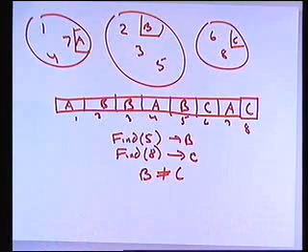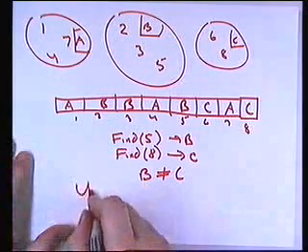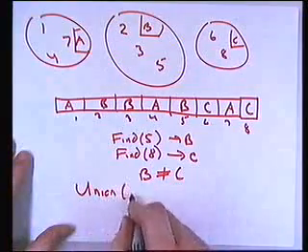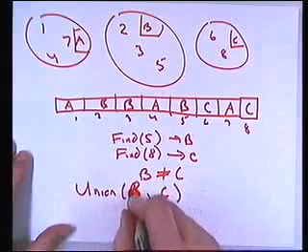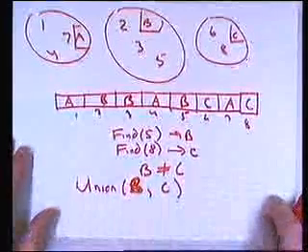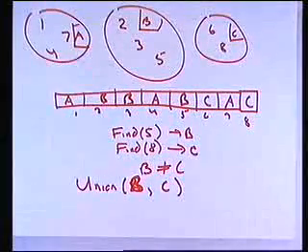The question is now, if we're going to have this set up to optimize find, what are the consequences to union? If I want to do a union of, let me say, set B and set C, what's involved with that?